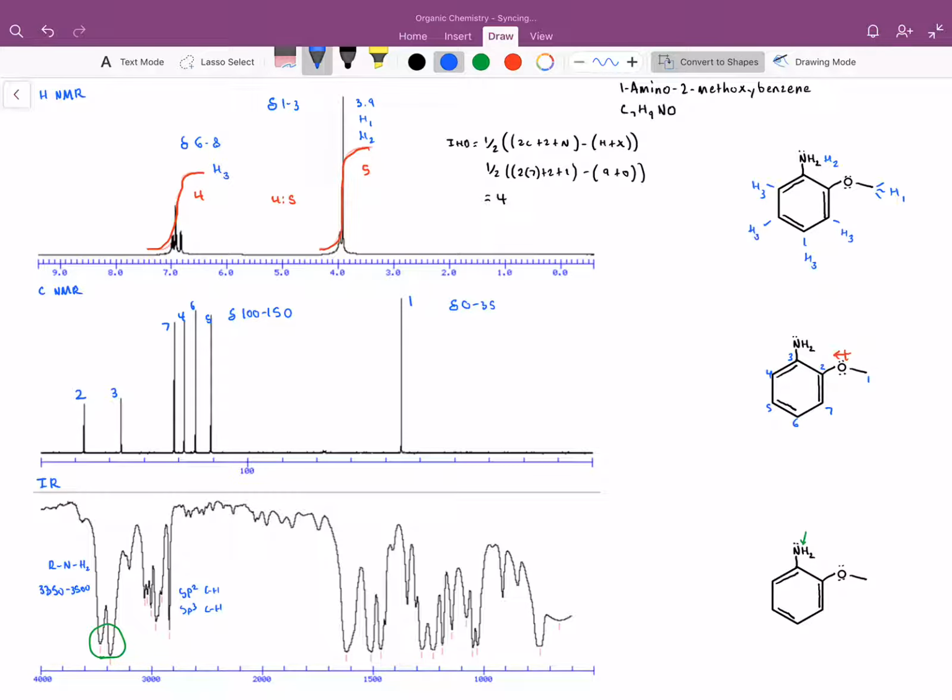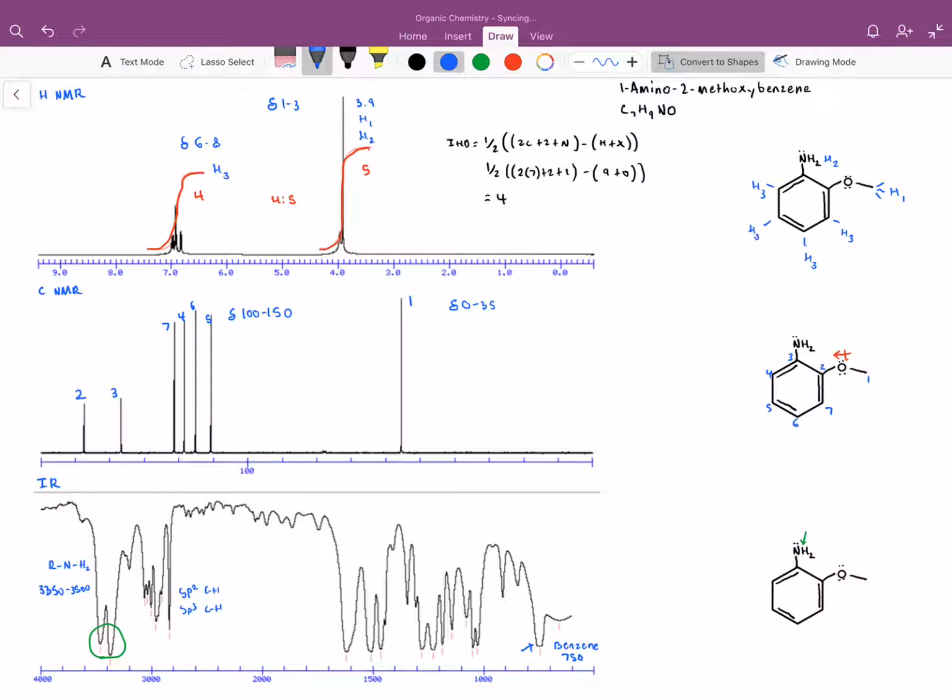And then the last worthwhile thing to point out may be the fact that we have a benzene ring down here. In particular, we have an ortho-substituted benzene ring, which shows up around 750. And this peak right here does seem to be showing up right about there. Again, the evidence for that isn't super strong, but it's there.